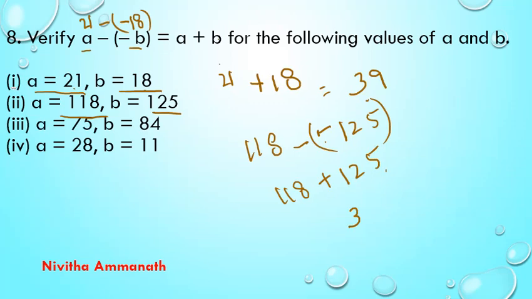So 3 plus 1 is 4, 1 plus 1 is 2. 243. So it is correct. 118 plus 125: here LHS is 243 and RHS is 118 plus 125. That's also 243. So you have to verify that.